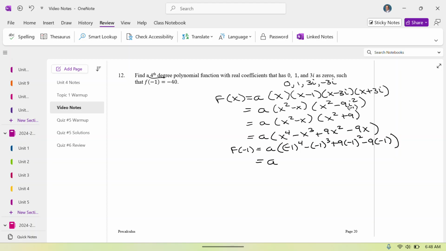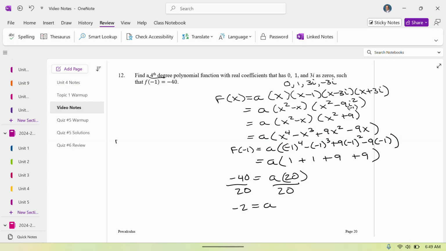All right, so then -1 to the 4th is 1 plus 1 because it would be minus a minus. -1 squared is 1, so plus 9, and then plus 9 again. So it's going to equal 2 and 18, 20. And f of -1 is 40. So when you divide by 20, you get -2 for a.